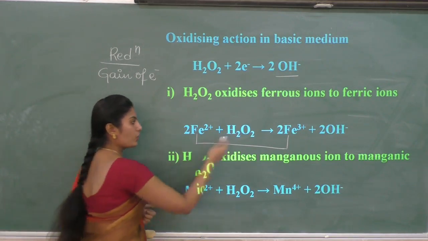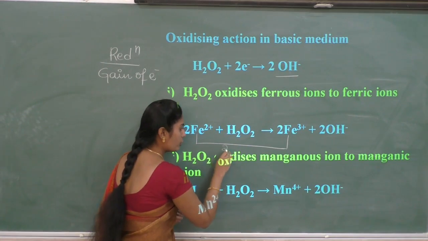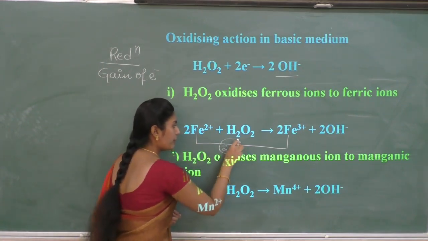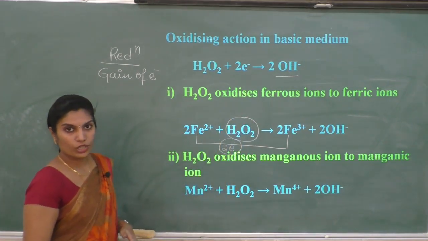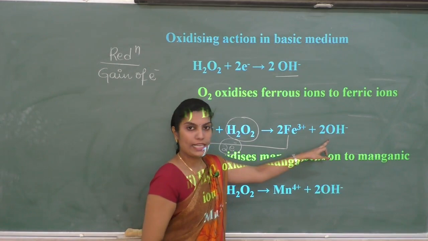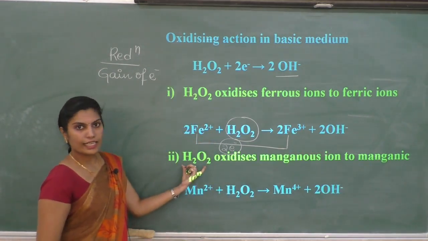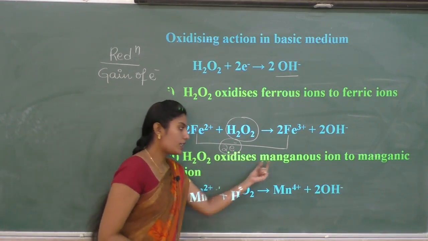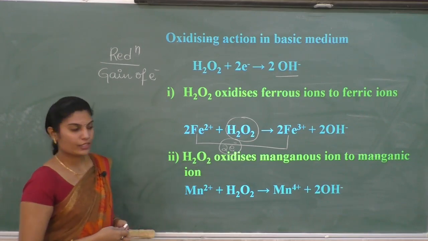That means it is undergoing oxidation by the loss of 2 electrons. These 2 electrons are taken up by the H2O2 and it is going to reduce to OH-. Cleared? Next, in the second reaction, you can observe here H2O2 oxidizes manganese ion.